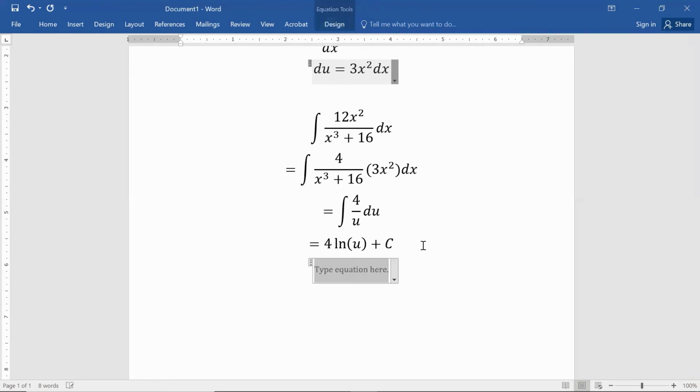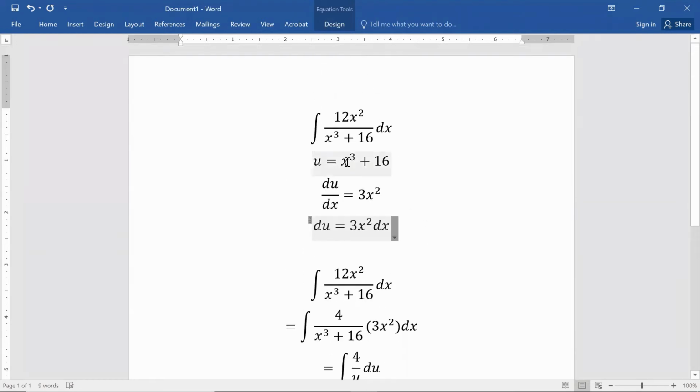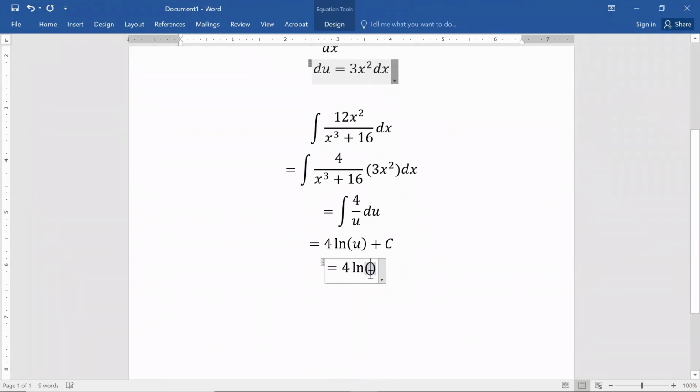After I've done that, now we can back substitute 4 times the natural log. Remember, u was x to the third plus 16. So 4 times the natural log of x to the third plus 16 plus a constant of c is the antiderivative we're looking for.